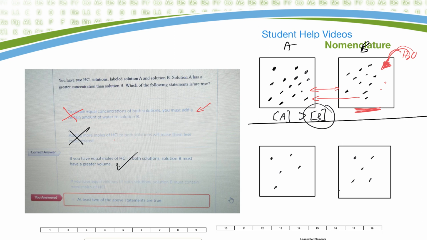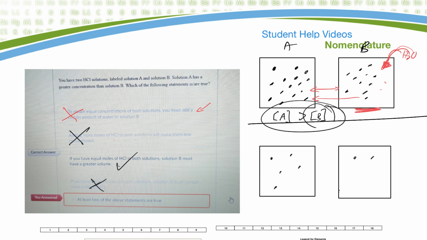If they were the same volume, for the statement up above to be true, then I'd have to have fewer moles in here. So if the volumes are the same, in order for B to be less concentrated, I'd need fewer moles. And here they say more moles.